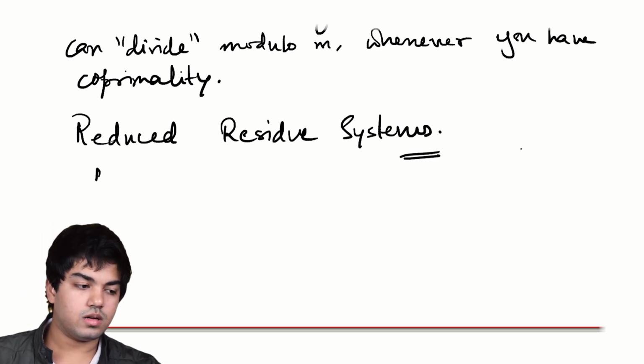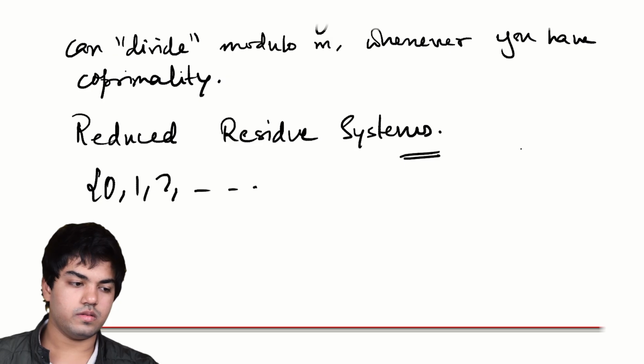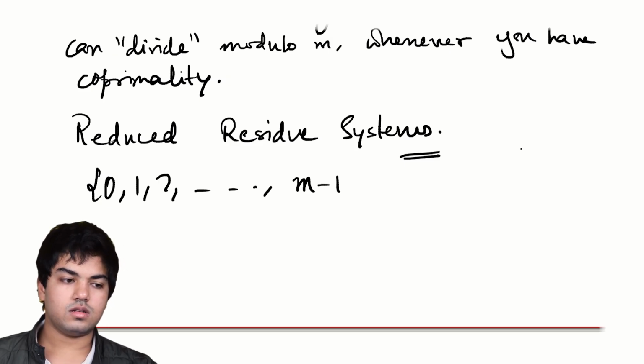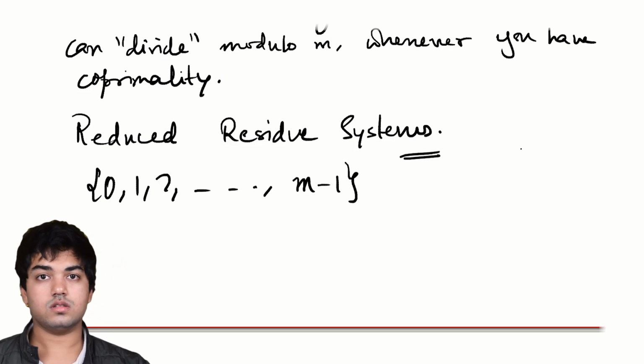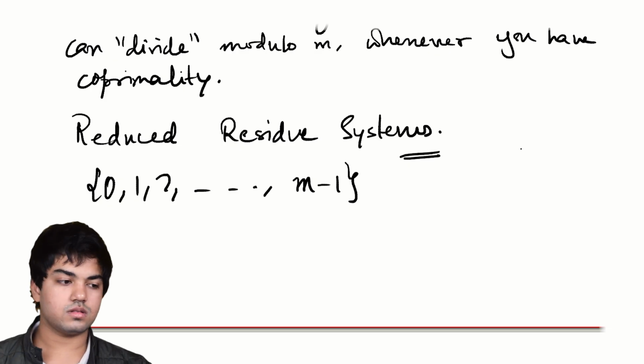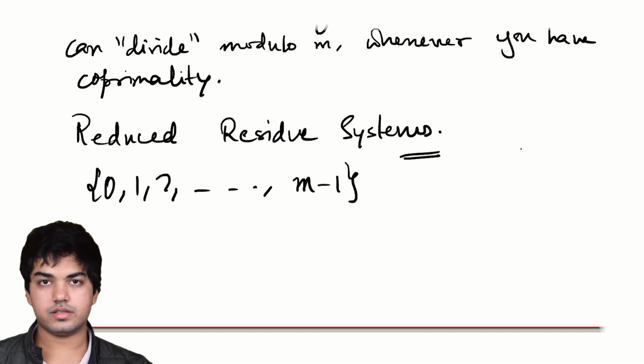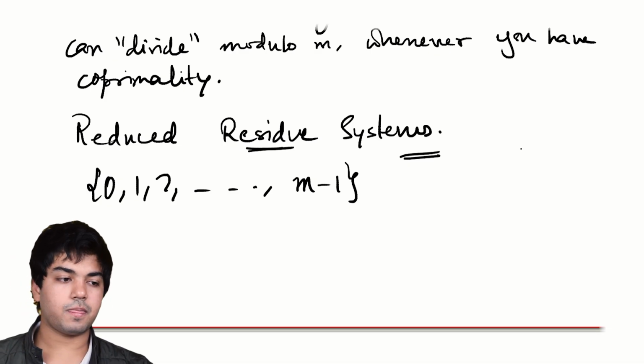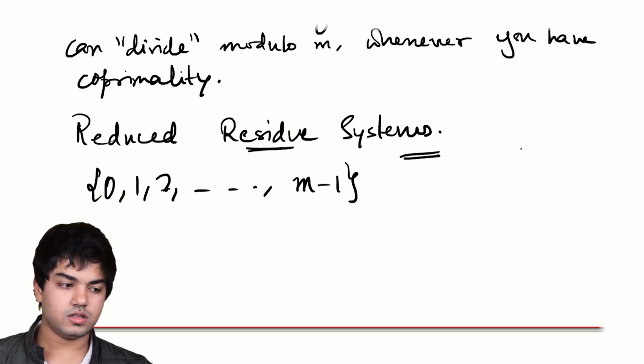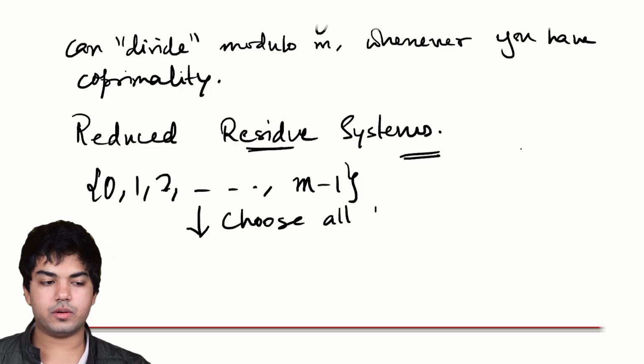There are 0, 1, 2, all the way up to m minus 1. This is a class of residues. You could choose another class, but this is a full set of residues. Right? That's where the word residue comes from. Same thing as remainder. The point is that from here, choose all the numbers coprime to m.